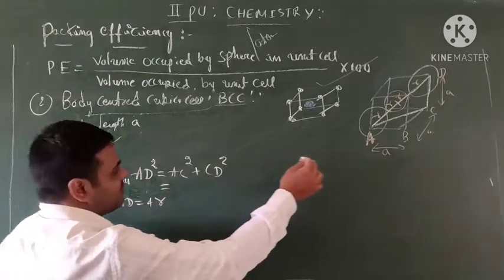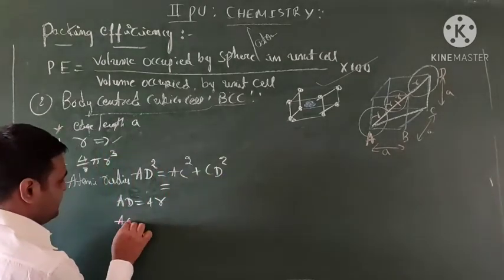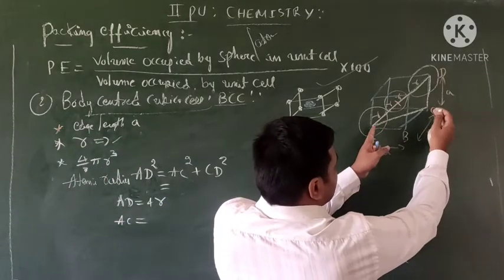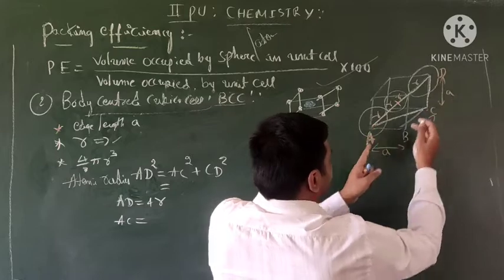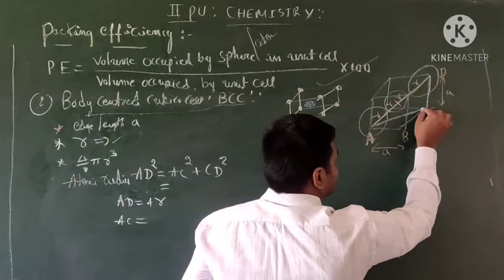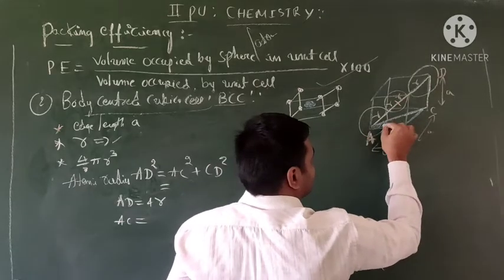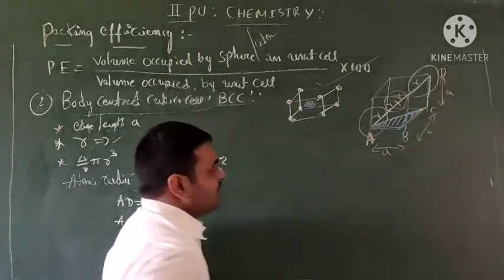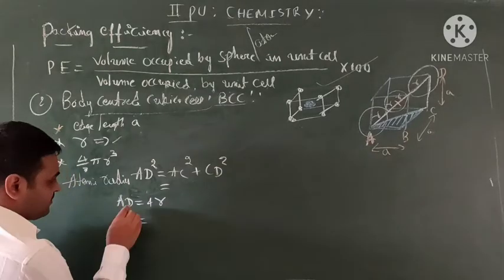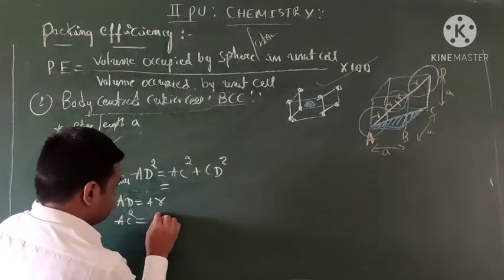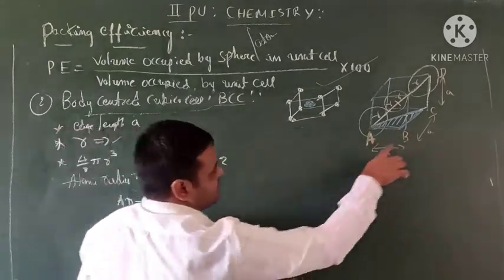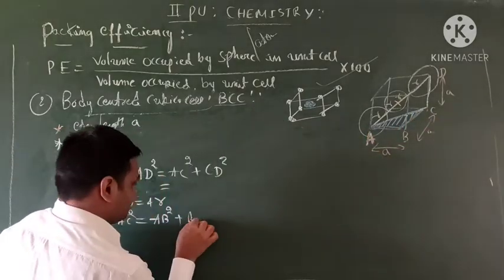Then you can get AC. AC is also from Pythagoras. AC square is equal to AB square plus BC square.